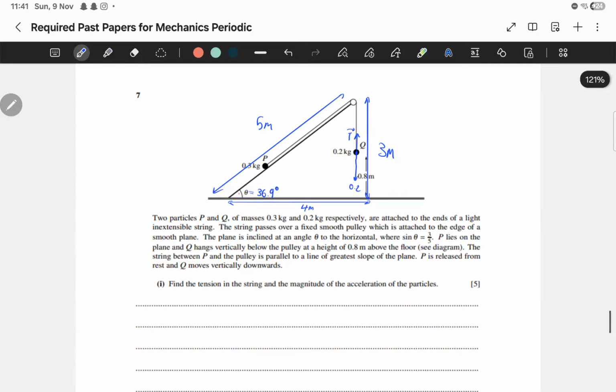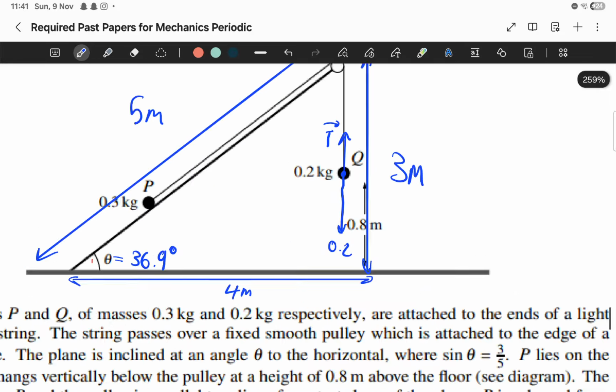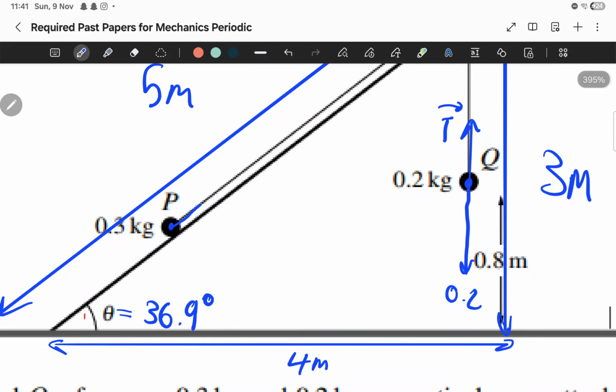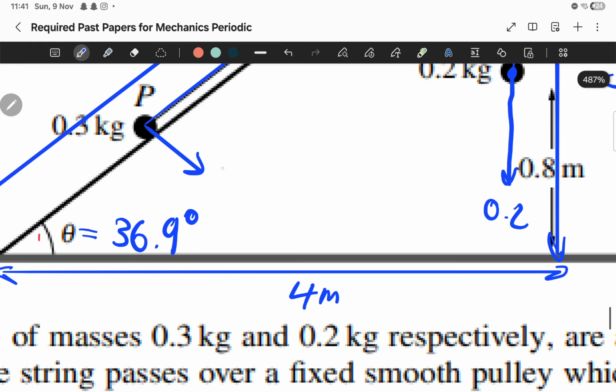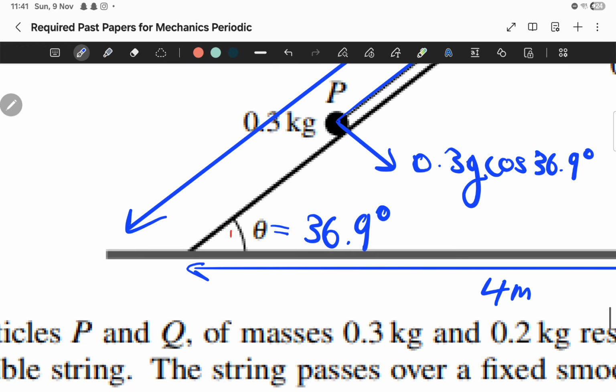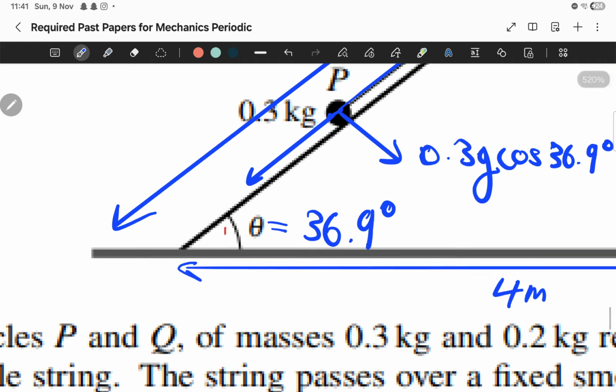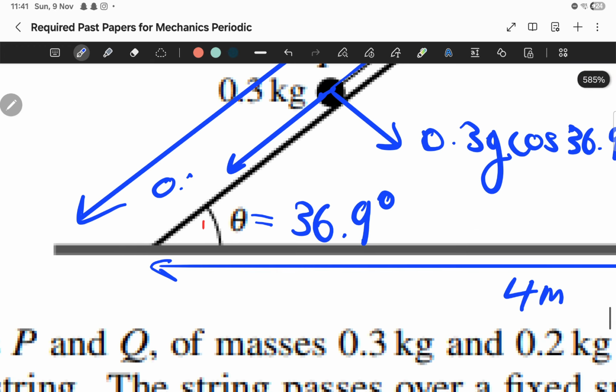And P, it's on an inclined plane, so there's tension here. You have the Y component of the weight, which is 0.3 G cosine 36.9, and then you have the X component, 0.3 G sine 36.9 degrees.